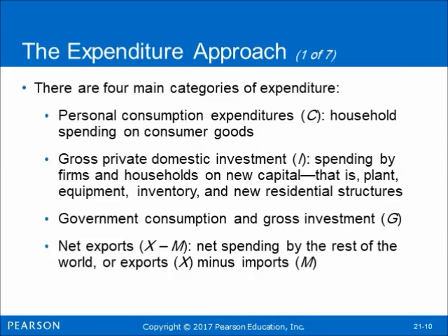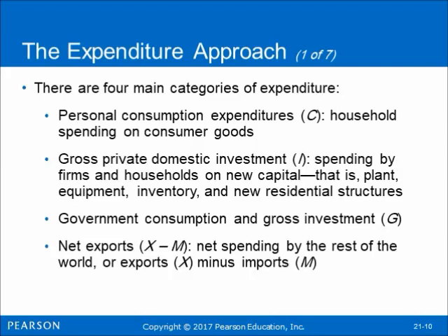Second, gross private domestic investment, denoted as I. This is spending by firms and households on new capital, that is, plant, equipment, inventory, and new residential structures.